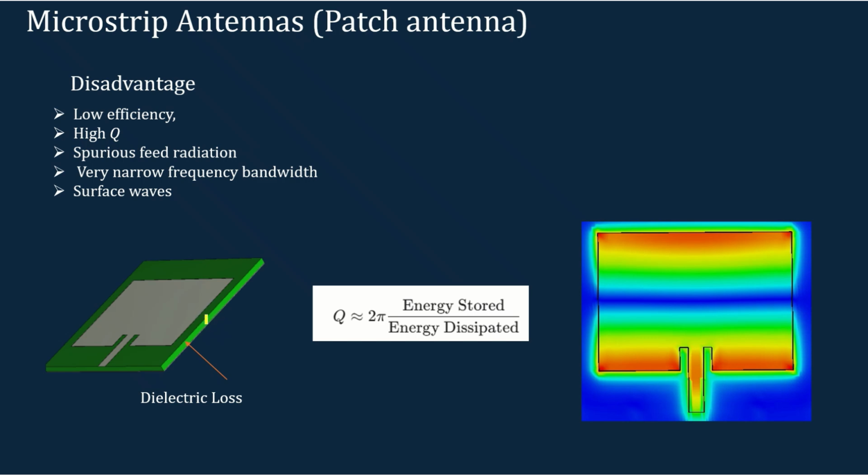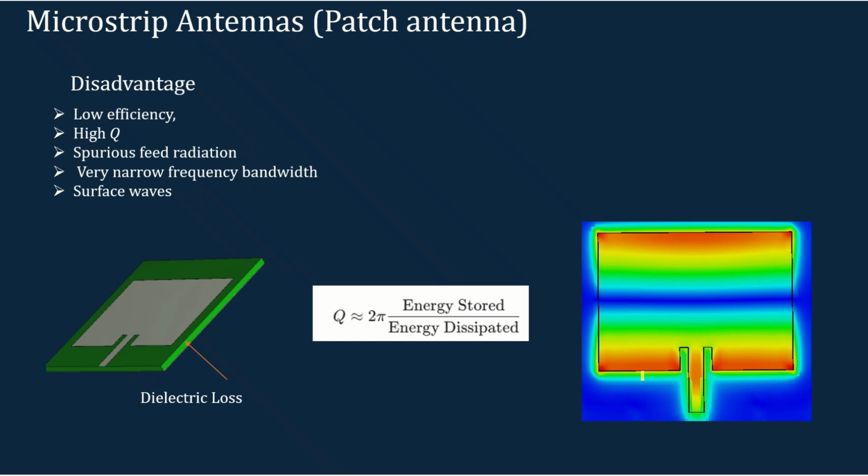So we can consider this as a capacitor. As it is like a capacitor, the energy stored inside it will be very high compared to the energy dissipated. So it will have high Q. Because of this high Q of the antenna, the bandwidth of operation will be very small.